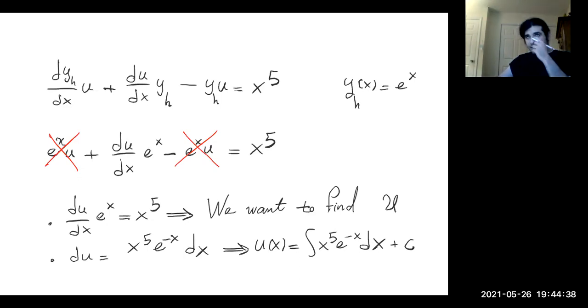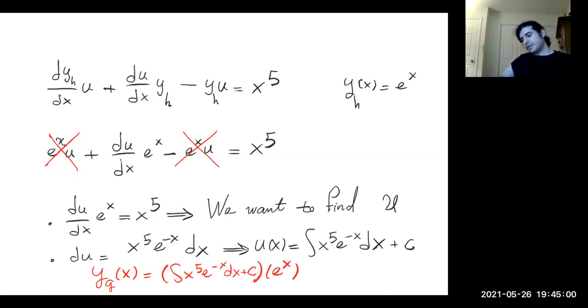But whatever it is, with integration by parts, we can solve it. And then the final answer to the equation, the general answer, would be u of x, which is this thing here, times the solution we had before, the solution to the homogeneous part.